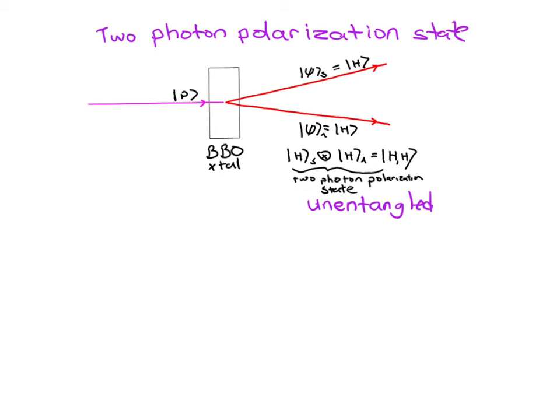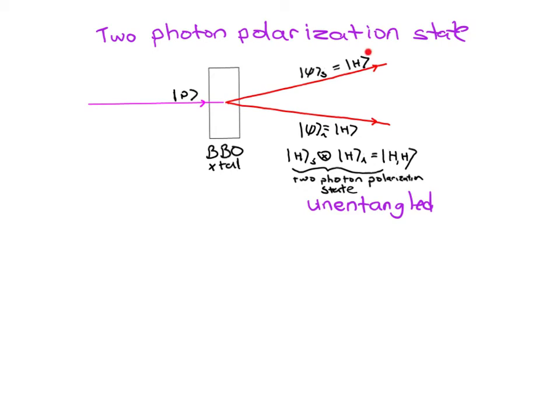And in this first situation that we're describing here, the polarization states of these two photons are unentangled, in the sense that making measurements on one of the photons doesn't give you any information about what measurements made on the other photon are going to yield.